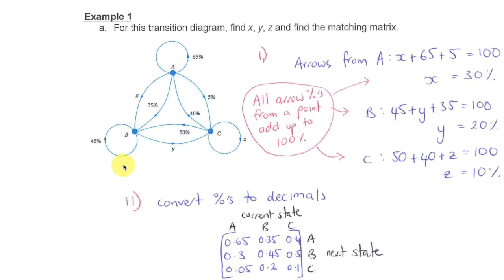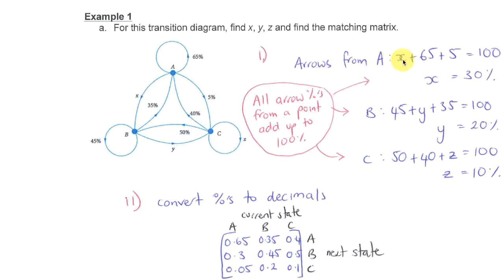All right, so in this example we have a transition diagram, and we've got 3 points A, B and C. And we're looking at the movement from point to point. So as an example, from point A, we can see that 65% maintain to be at A in the next transition, 5% move across to C, and an unknown X percentage move across to B. Now remember that all of the arrows moving away from point A need to add up to 100%.